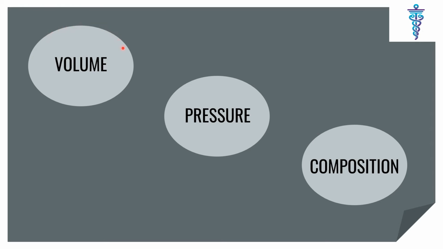Then what is the pressure of the CSF? The pressure of the CSF is 10 to 15 centimeter H2O in the lying or supine position, or 30 centimeter H2O in the upright or straight position.